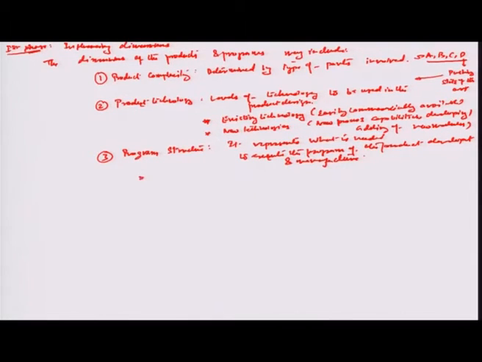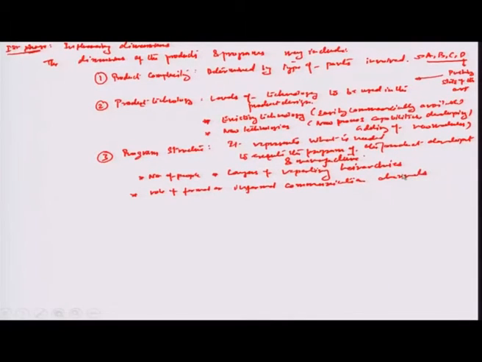So, here it could typically include things like the number of people who are involved in the program, layers of reporting hierarchies in the structure that you have designed to support the program, or for example, the role of formal or informal communication channels, physical distribution of the program staff, so on and so forth.